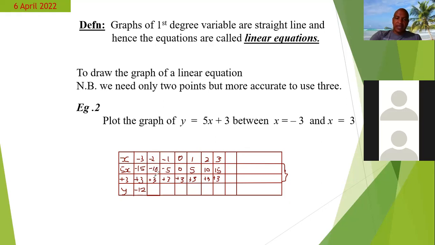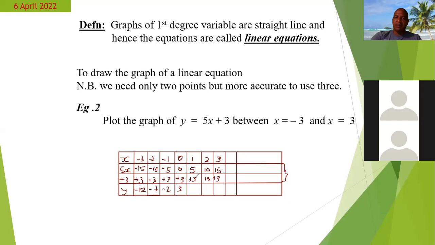Now we have -10 + 3, we take away 3 from 10, we get 7, we keep the sign of the 10, we get -7. And here we have -5 + 3, we take away 3 from 5, we get 2, we keep the sign of the 5, which gives -2. Now we have 0 + 3, we get +3.